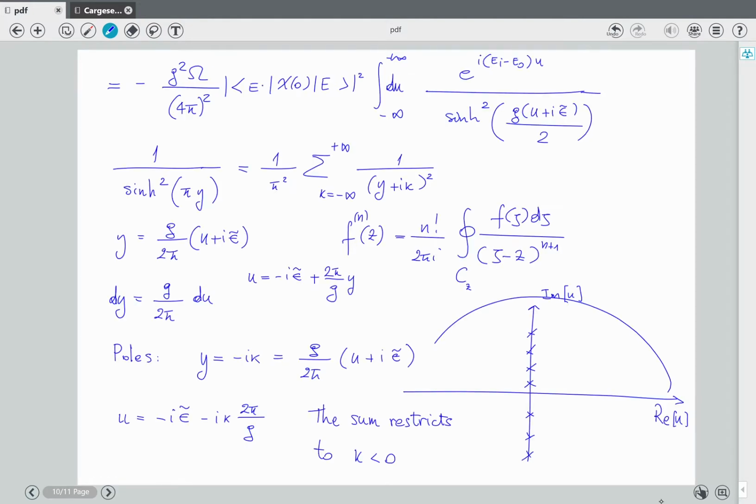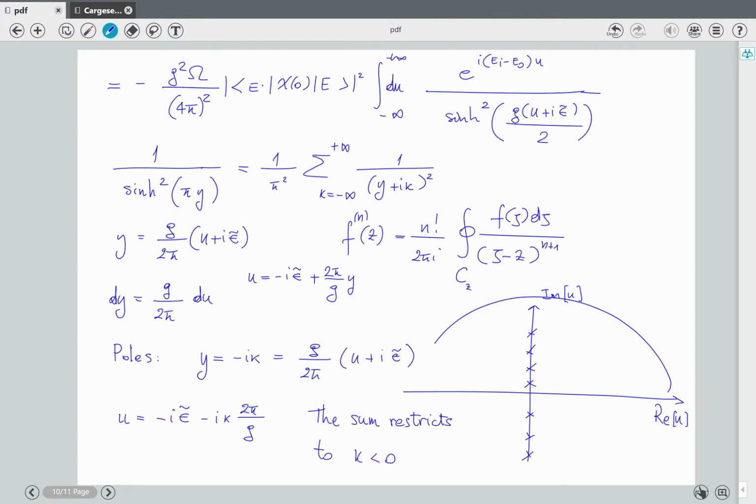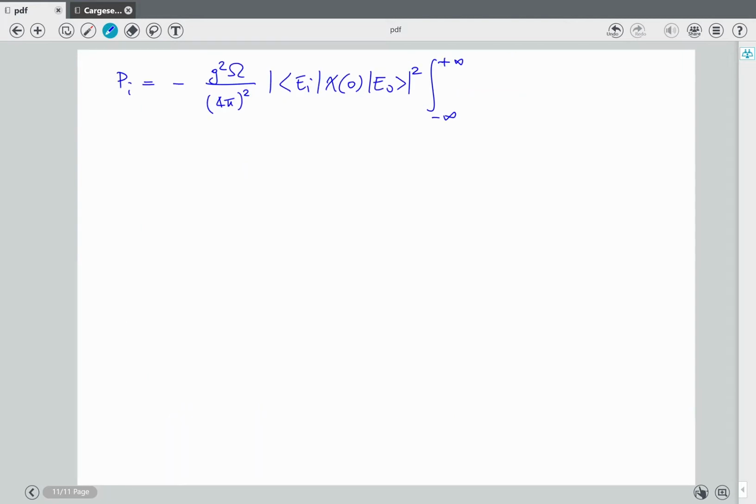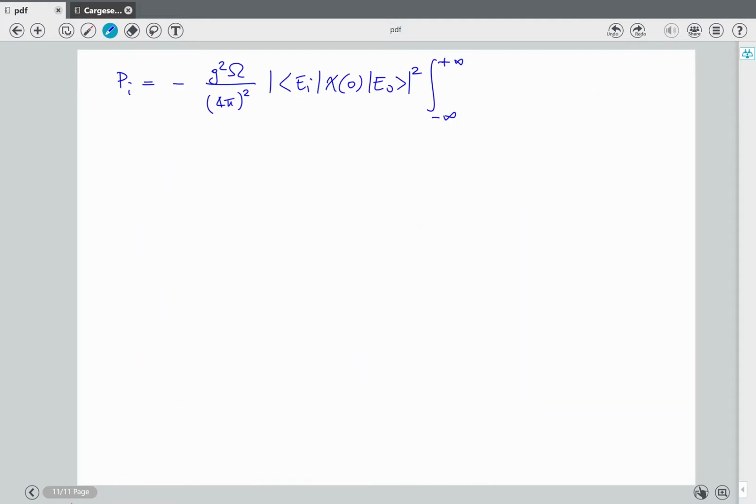Then there is this integral from minus infinity to plus infinity of du. Du is g divided by 2 pi dy, times 2 pi over g.